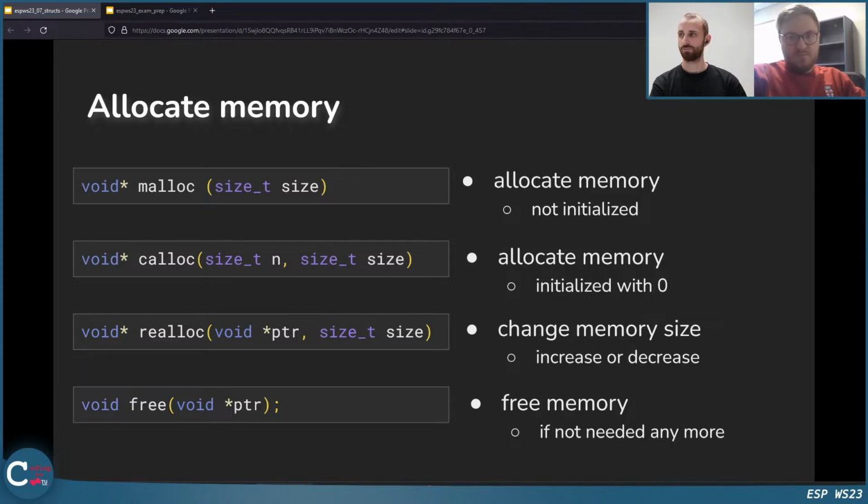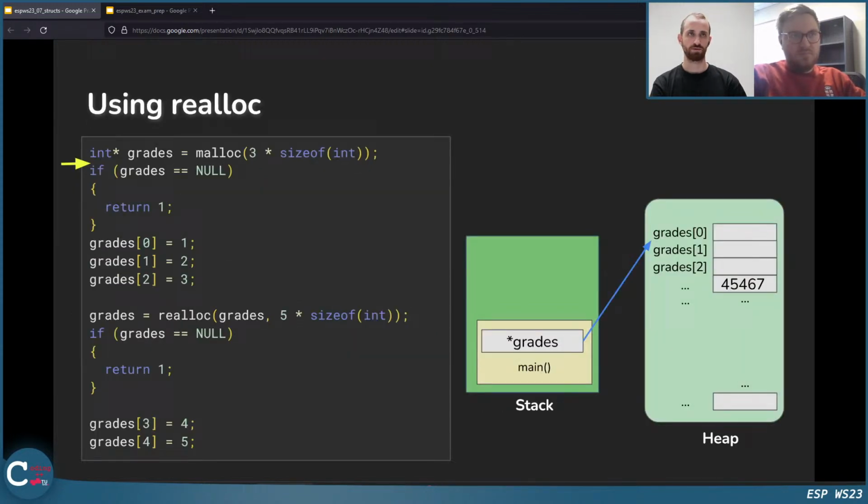So I think last time we didn't talk about realloc that much. Michi and Julia did today in the practicals, but I just want to show you how to maybe use realloc. We have here malloc, and we say, okay, we need 3 times the size of an integer. Then we get a pointer back.